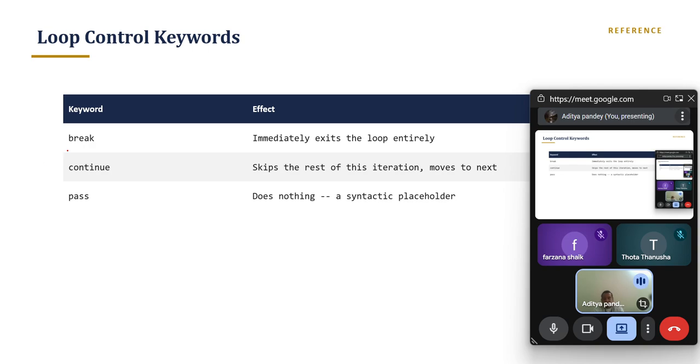See, what this break does, our some loop is going on, okay? I in range, let's take 2 to 100, something like this. I don't like a very waste number.